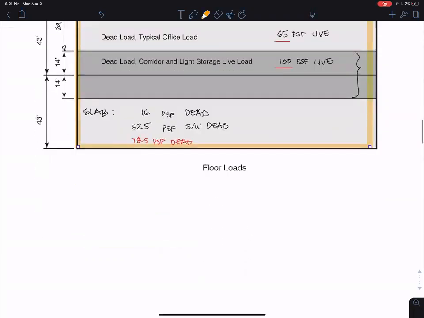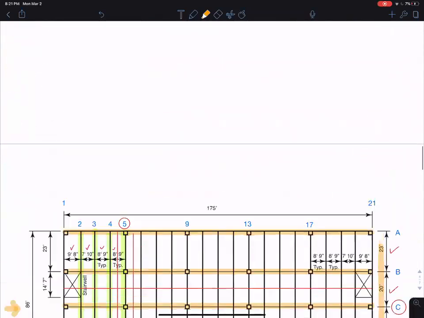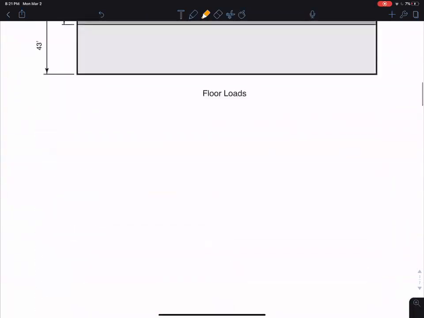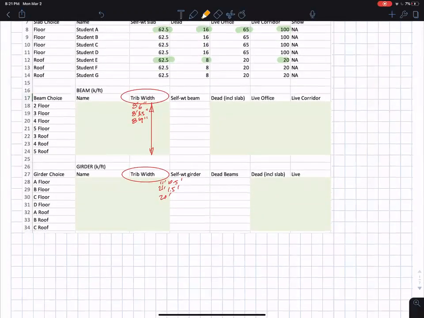Okay, those are the live loads and dead loads. And what you need to do, you need to multiply them by the tributary widths. So this will be on the floor 16 times tributary width, and the live will be 100 times tributary width.